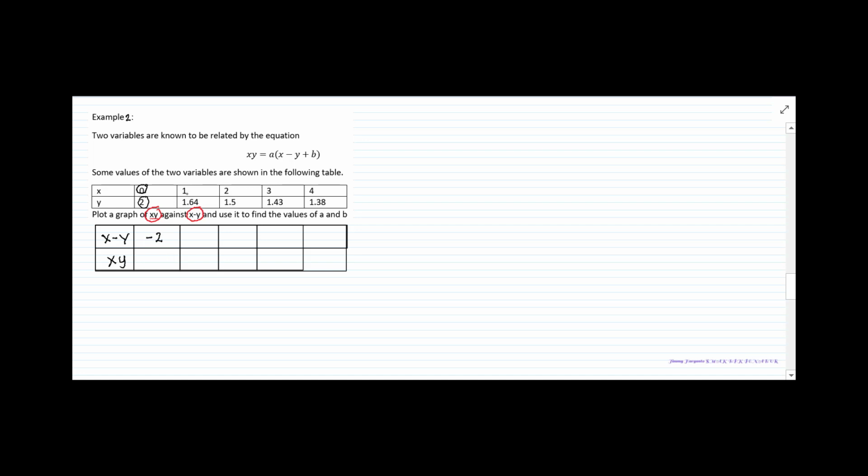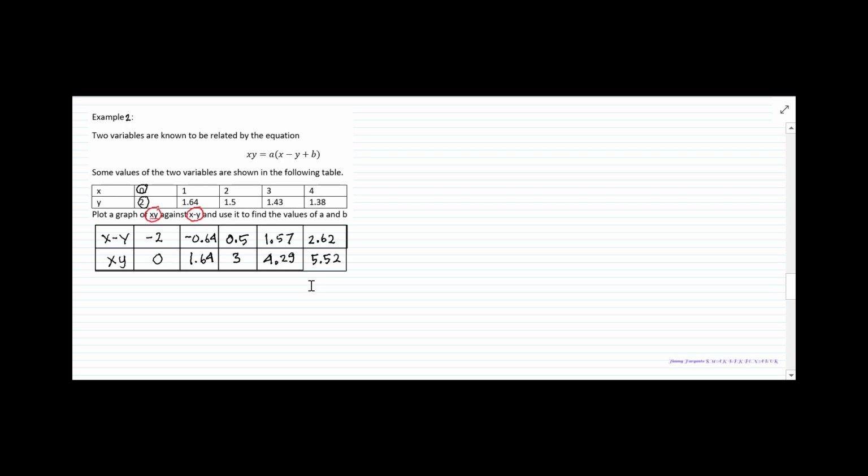For xy, it means x times y, so 0 times 2 equals 0. The rest is also the same. I will quickly calculate it for you. Tada! It's done.